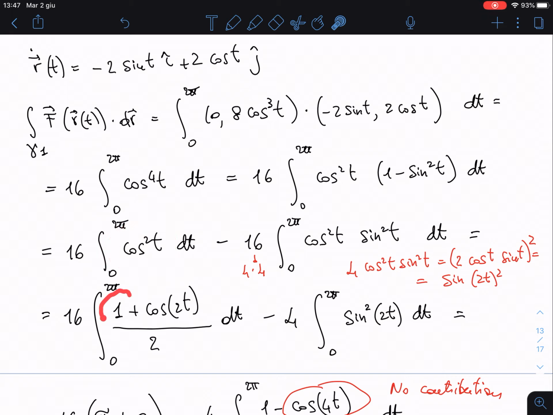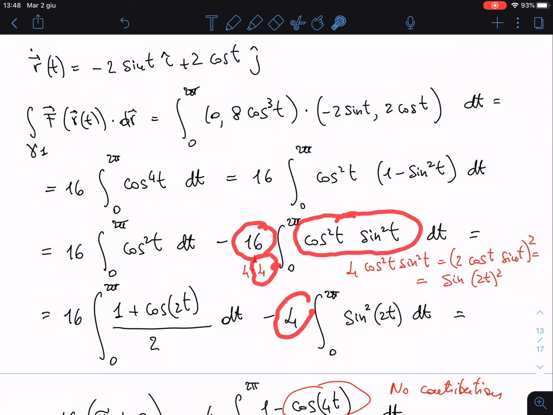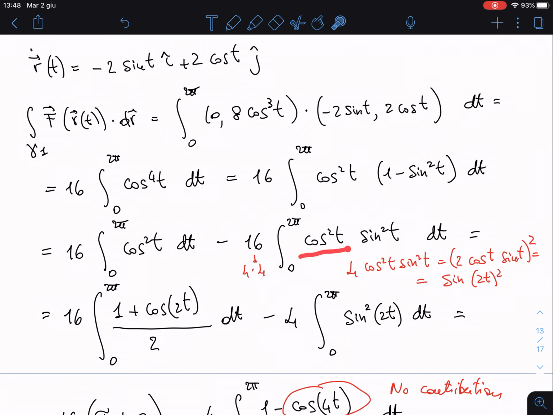So we end up with 1 plus cos 2t divided by 2. This is cosine squared. And then going to the next term, consider this cosine squared sine squared and associate to it a factor 4 that we extract from the 16, so we remain here with a factor 4, and we replace this through the identity, again a trigonometric identity, 4 cos squared sine squared.